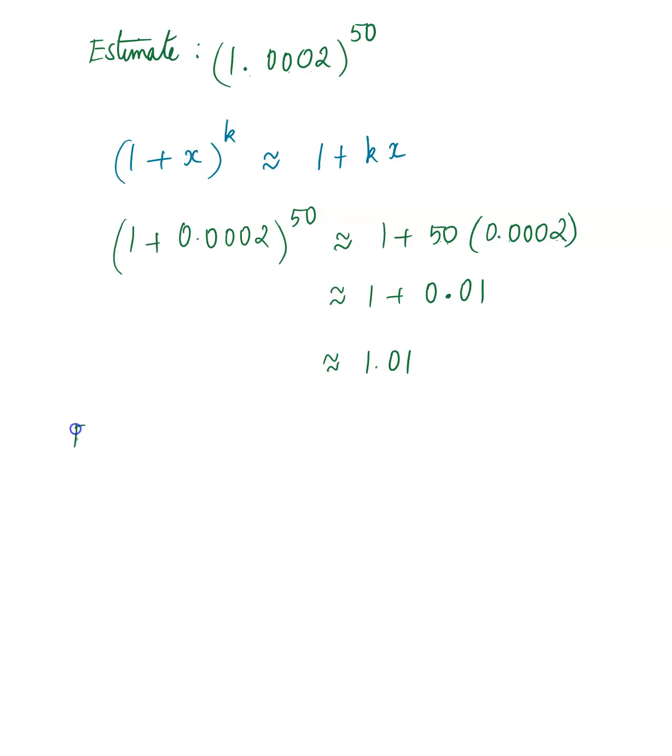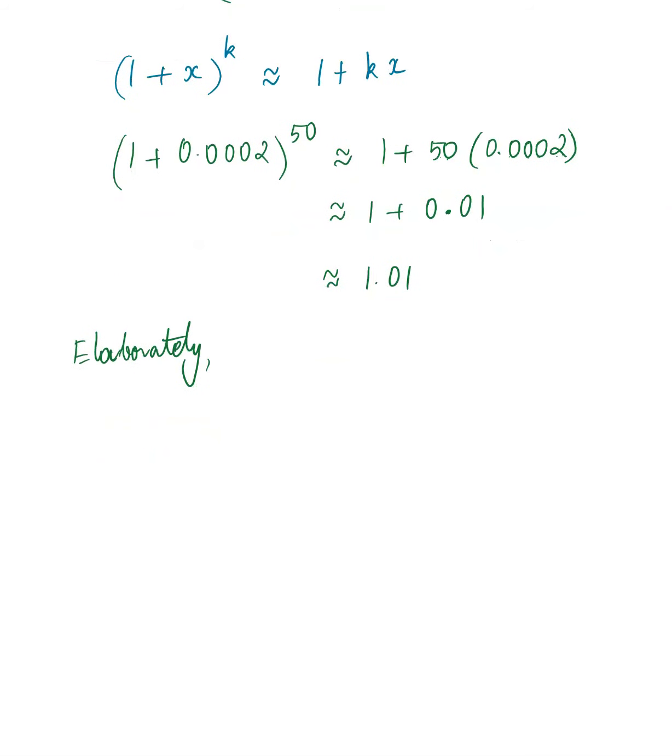If you were to do it elaborately, what we see here is that we have, let me write that one more time here, power 50. So what we see here is that we could rewrite this as 1 plus 0.0002 power 50, isn't it?